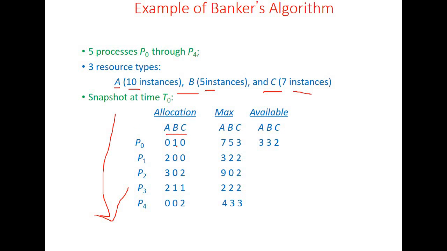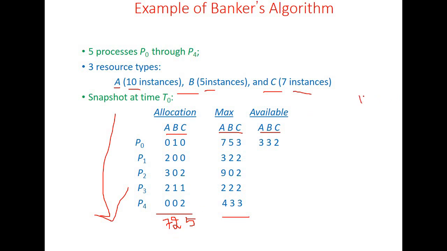The resources A, B, C allocated to these processes are given in the table, and the maximum need of these processes is also given in the table, and after allocation how many resources are available is also given. So after allocation, totally 7 units of A, 2 units of B, and 5 units of C are allocated to the various processes.